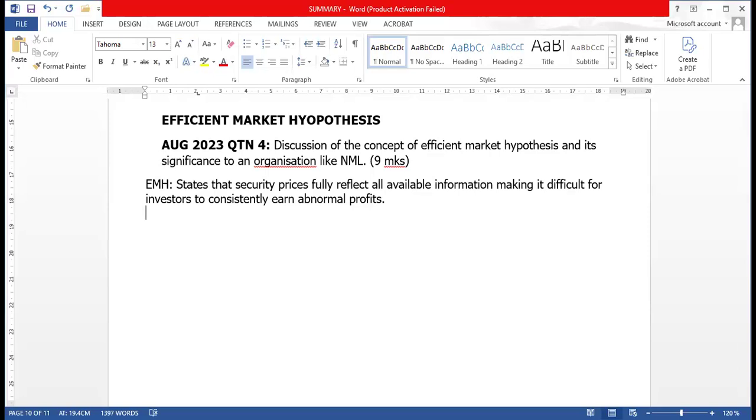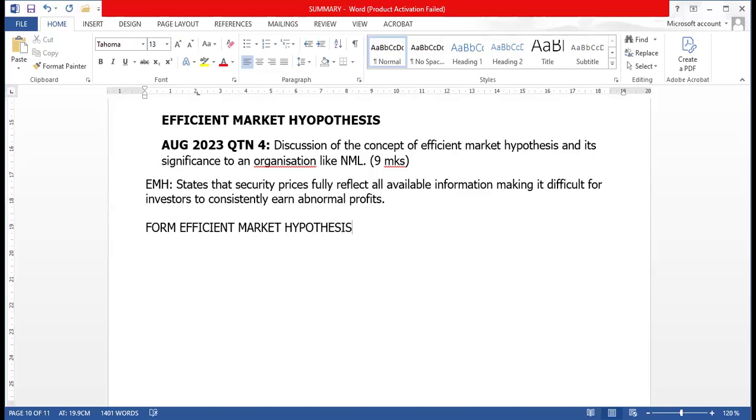Now that I have tried to explain, you can unmute and add something before we look at the forms of the efficient market hypothesis.